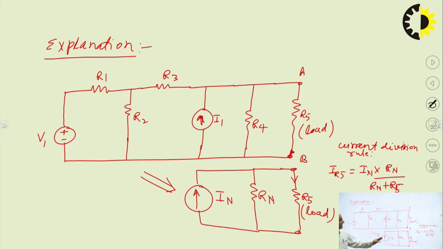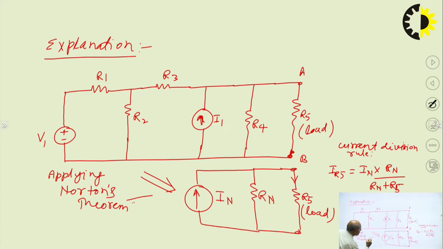So by applying Thevenin's theorem, Norton theorem, we are getting this circuit, and from this circuit we have calculated the value of current in R5, that is in our load.